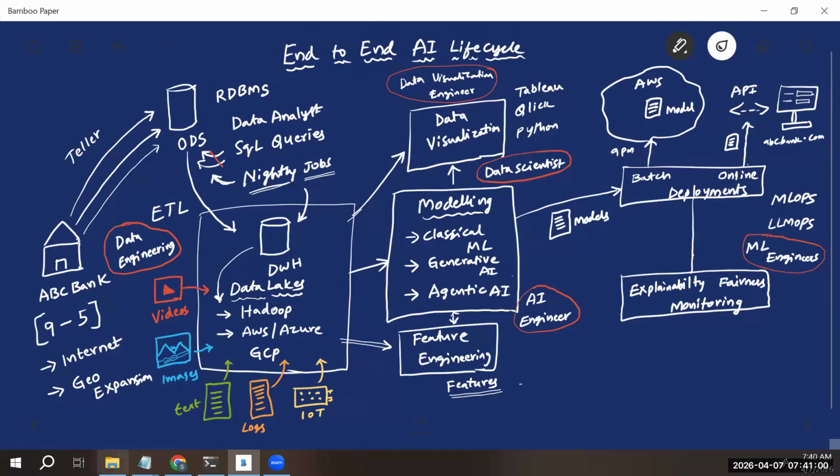There are multiple things which are very, very essential for us to understand. Monitoring is after the model is deployed into production. Suppose you deployed the model in January 2026, and now we are in April 2026. What is the condition of the model which was deployed in January? Is the model good? Is it working properly? Is there any deviance? Is there any drift?